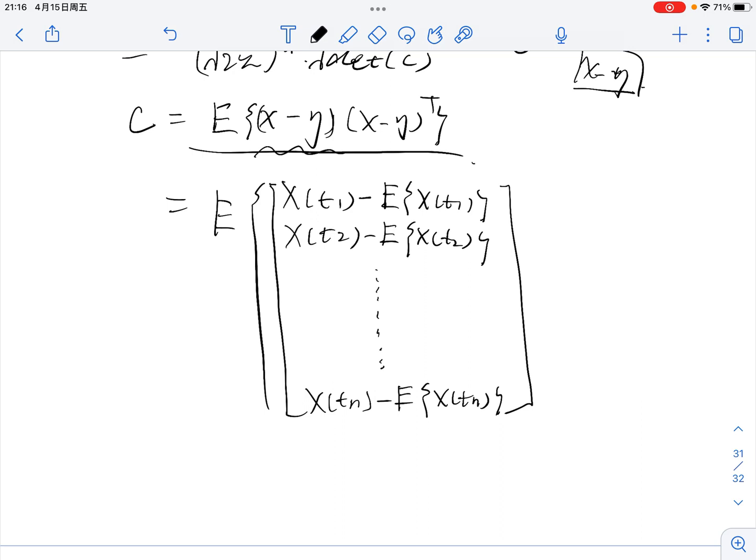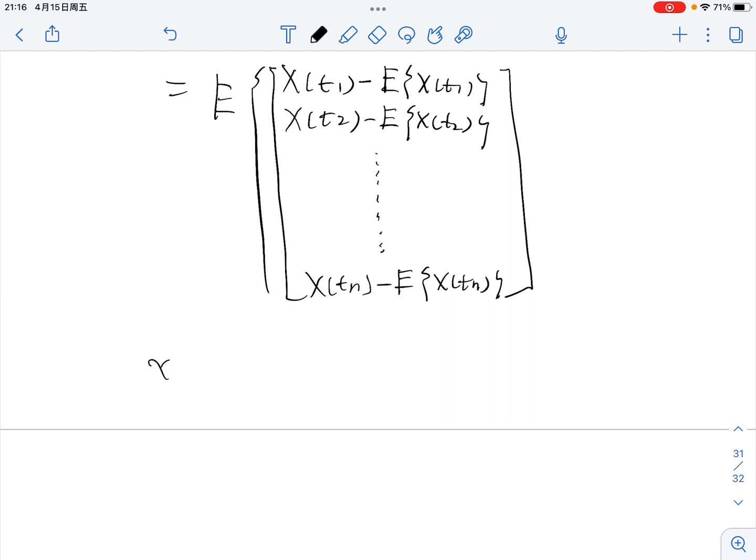The second term is nothing but the transpose of this vector, which just rotates the first term 90 degrees clockwise.